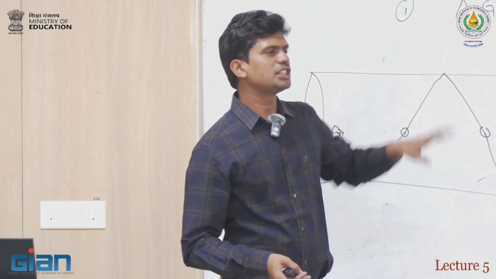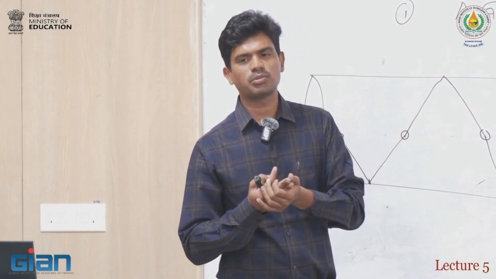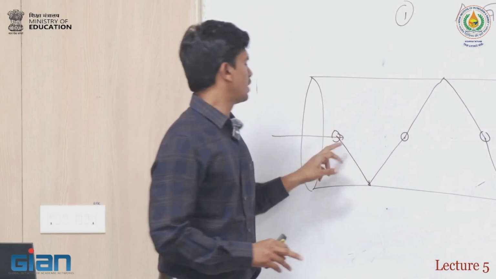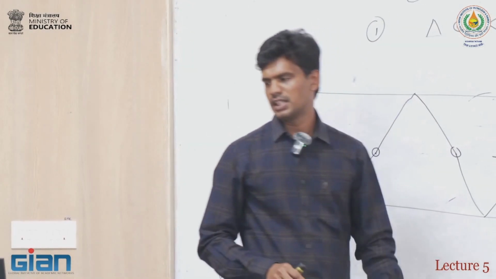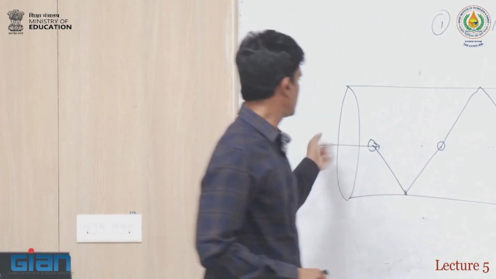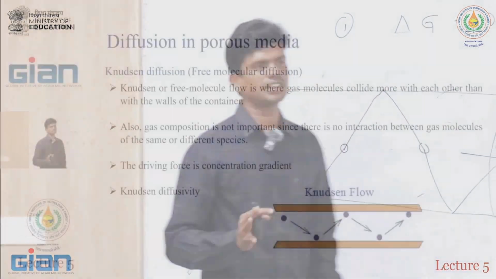This usually happens at very low pressures. That means when we have a very low number of gas molecules, these molecules will collide with the solid walls, and then the diffusion happens. The driving force for this process is still the concentration gradient only.